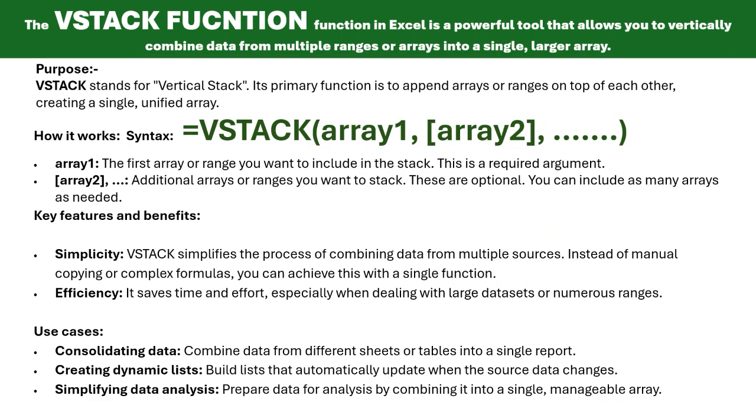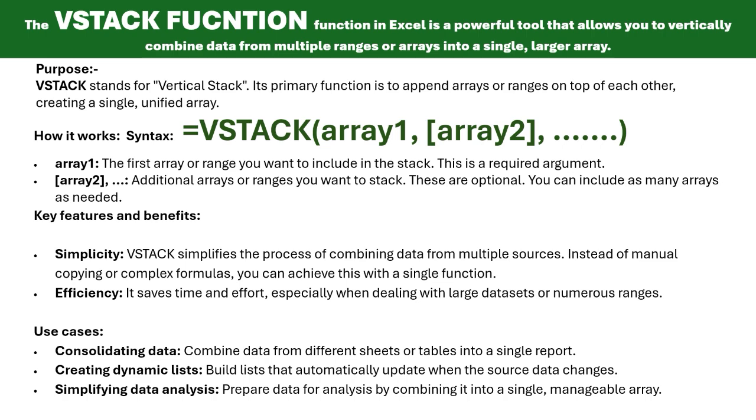How it works: its syntax is equals VSTACK, bracket, array 1, comma, array 2, comma, array 3, comma, array 4, and many more. Never ending. So let's understand what array 1 is. The first array or range that you want to include in the stack.